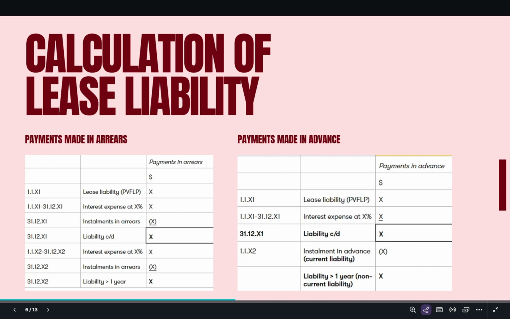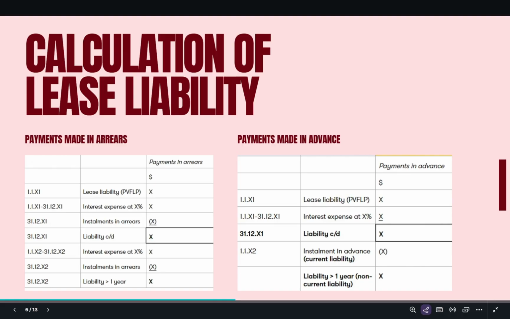For example, if the interest expense is 200 and the installment in arrears is 2000, then the liability is 1800. You basically subtract installment in arrears with interest expense. That is your current liability.